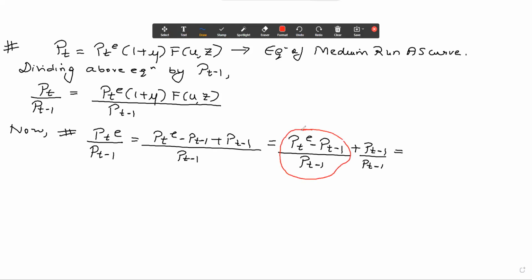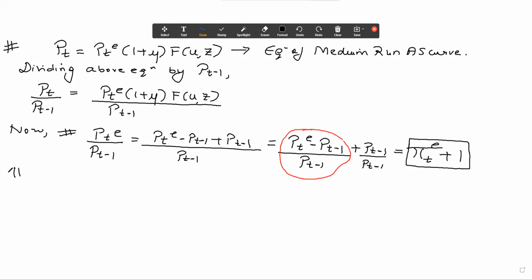This is nothing but expected inflation, pi te. What is inflation? Inflation is nothing but percentage change in prices. So Pte minus Pt minus 1 upon Pt minus 1 will give me expected inflation in time period t. Plus Pt minus 1 upon Pt minus 1 is 1.